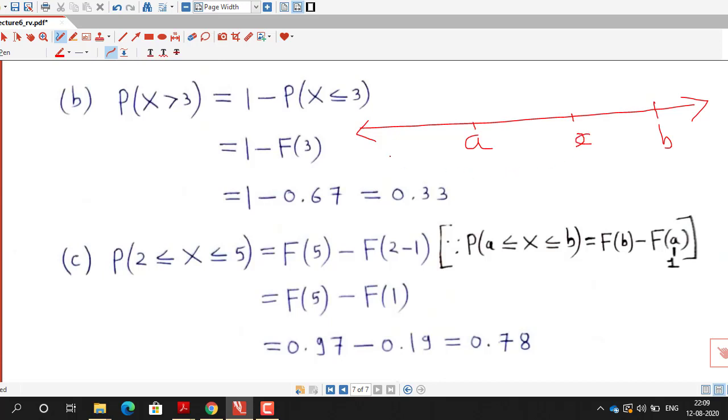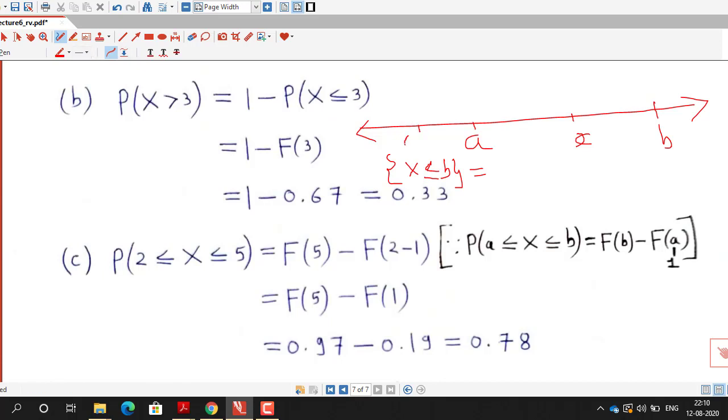Then you can see the event x less than or equal to b is the union of these two events.